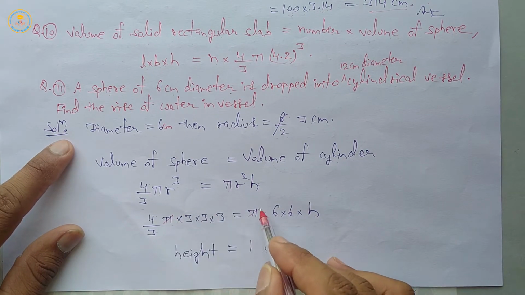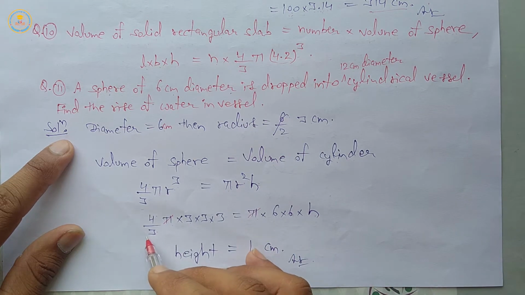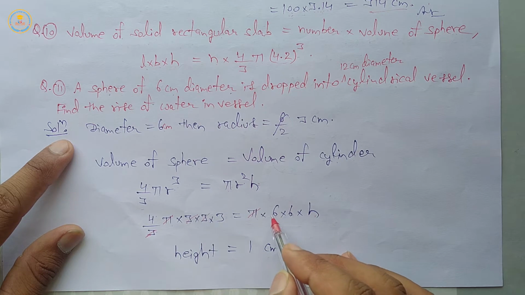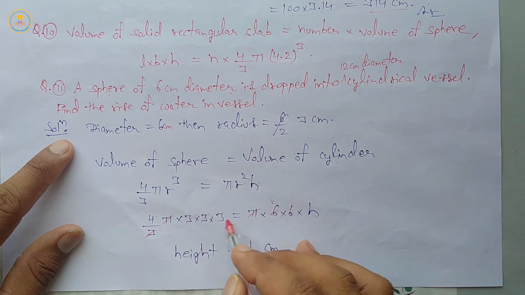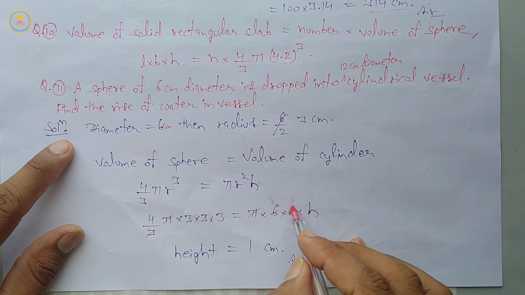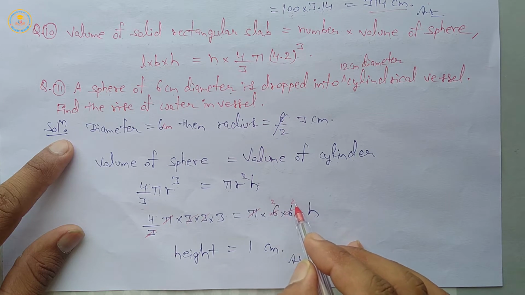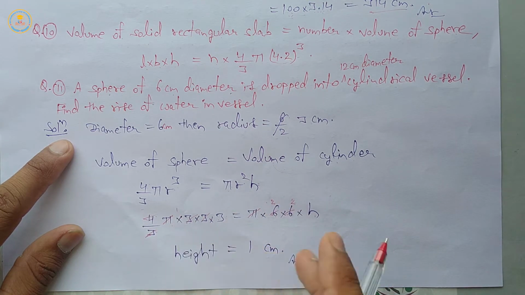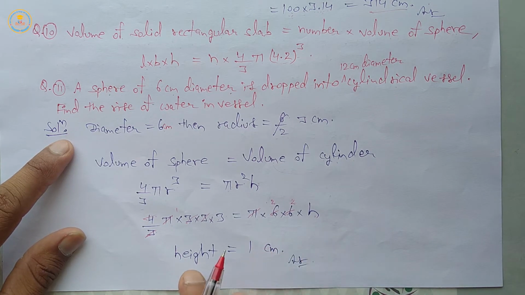Pi cancels out by pi, 3 cancels out by 3, and 3 cancels out by 6 two times. 2 into 4 cancels out by 4, therefore 1. So we get height equal to 1 centimeter.